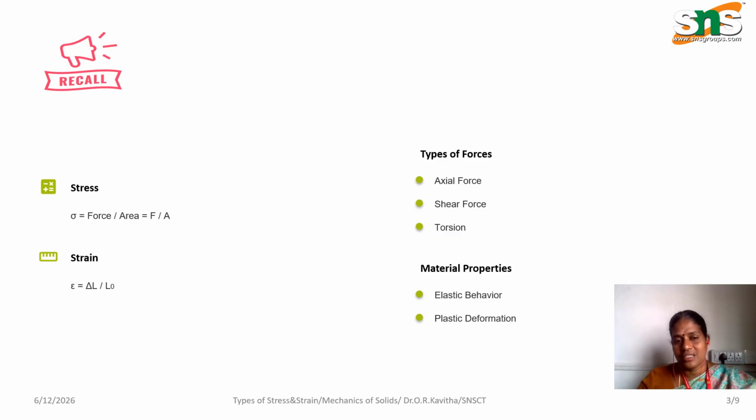Stress and strain types will vary according to the application of different types of loads. The different types of loads are axial load, shear load and torsion. And how the material will behave: there may be elastic behavior or there will be plastic deformation.